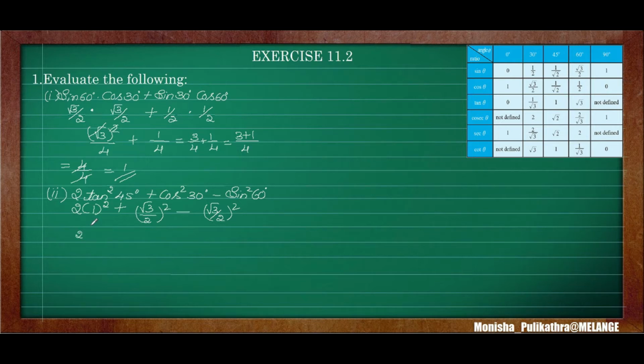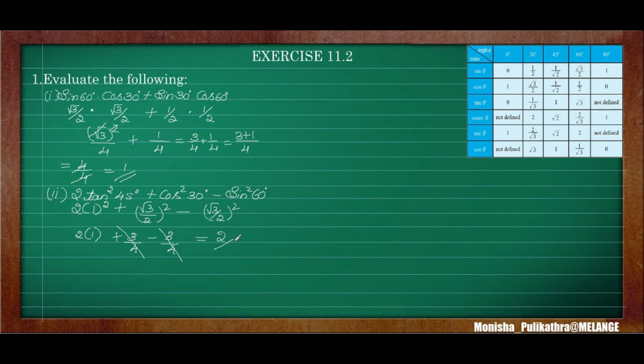So here 2 into 1 square is 1. So this root and square get cancelled, so it will become 3 by 2 square is 4, minus here root and square get cancelled, so 3 by 4. So here plus 3 by 4 minus 3 by 4 get cancelled, the remaining will be 2.